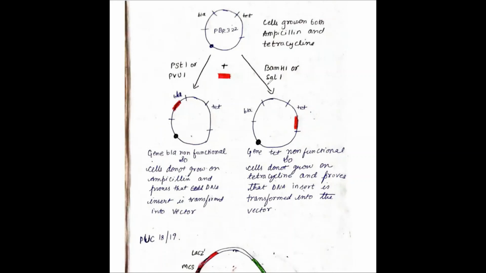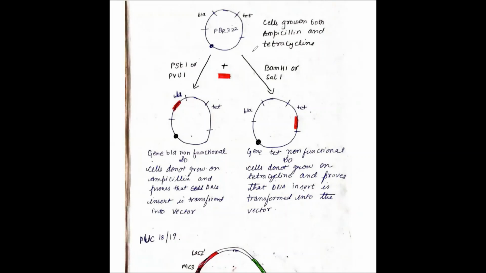See, when you are cutting this particular plasmid, the insertion site is within bla or tetA, and then you have a site where you have the ampicillin gene.